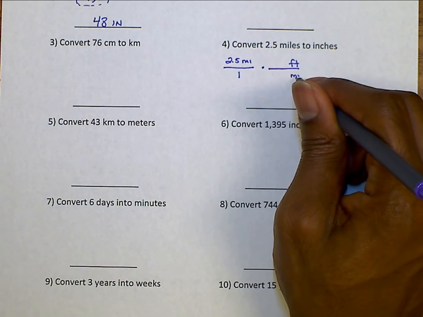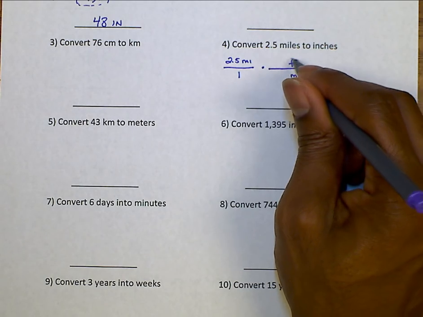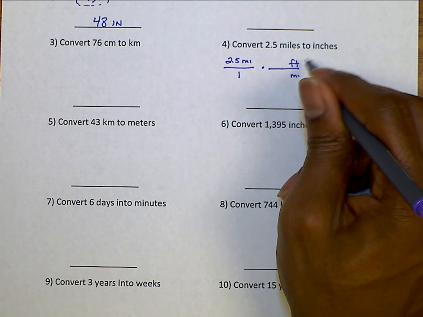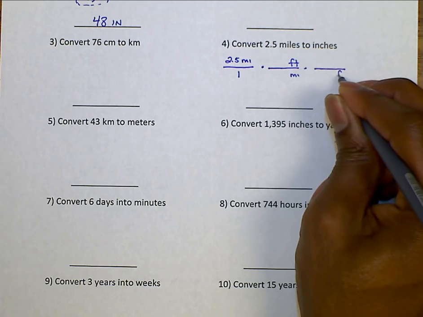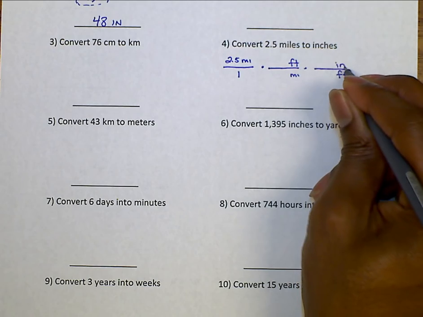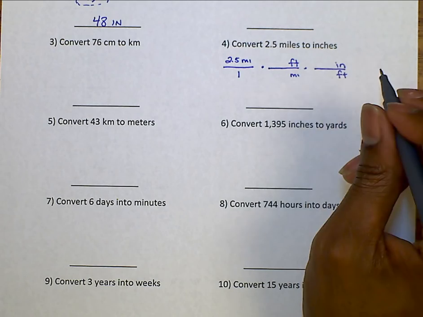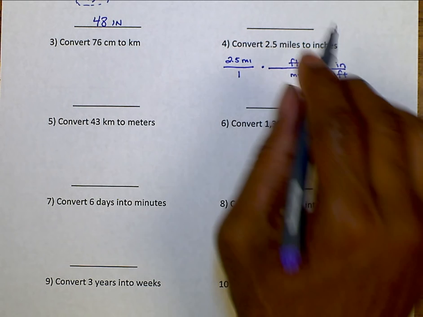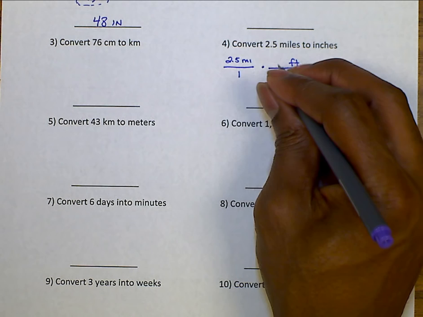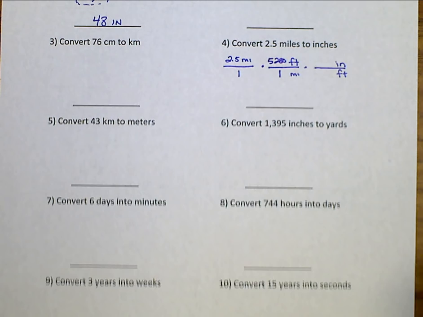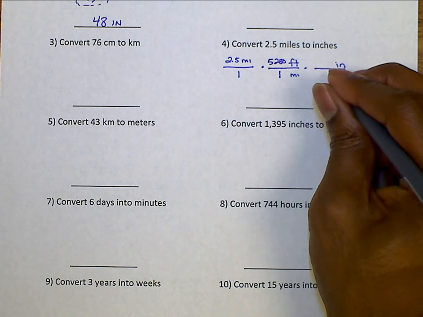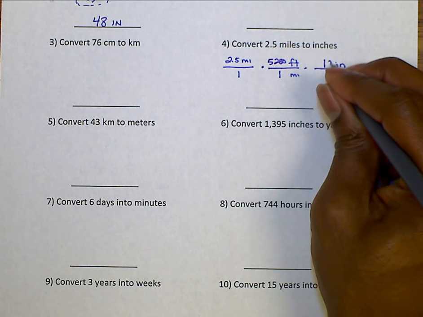Now looking at the unit up top, it is feet. I don't want feet, so I have to keep going. I'm going to now convert feet into inches, and I can do that because I know there's 12 inches in 1 foot. And so now I'm going to carefully put the numbers where they belong. For every 1 mile there's 5,280 feet. For every 1 foot there are 12 inches.